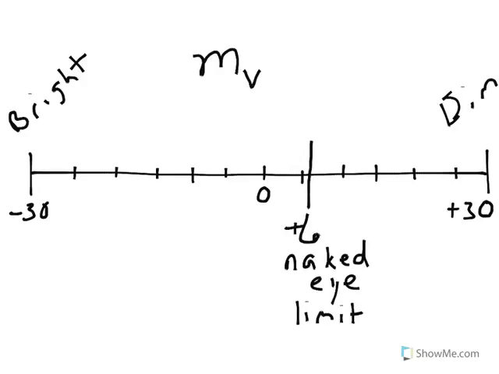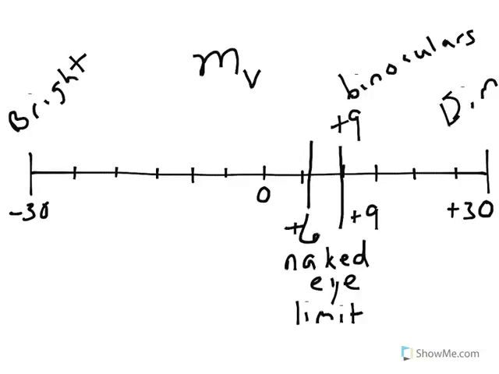Let's put another one in here too. And let's put this value as 9. So 9 is right about there. So +9 is going to be the binocular limit. So if you had a decent pair of binoculars, you should be able to see stars with a ranking between +6 and +9 with your binoculars.